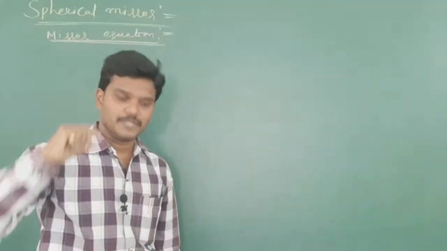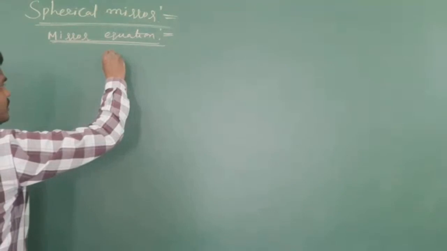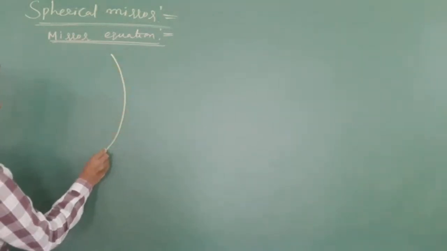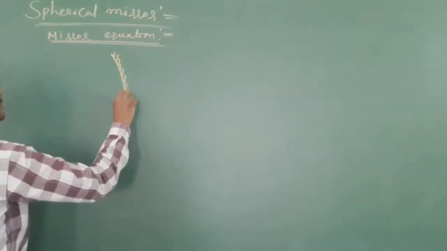Again, for our convenience I am using a concave spherical mirror. Let us consider a concave spherical mirror. See, this is the concave spherical mirror whose radius of curvature is R and whose focal length is f.